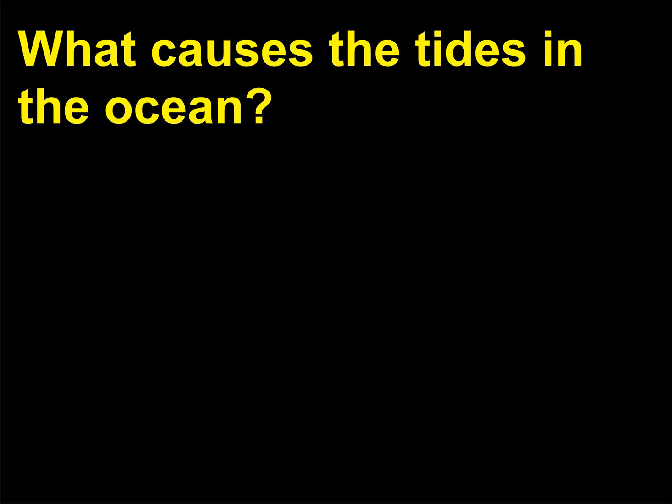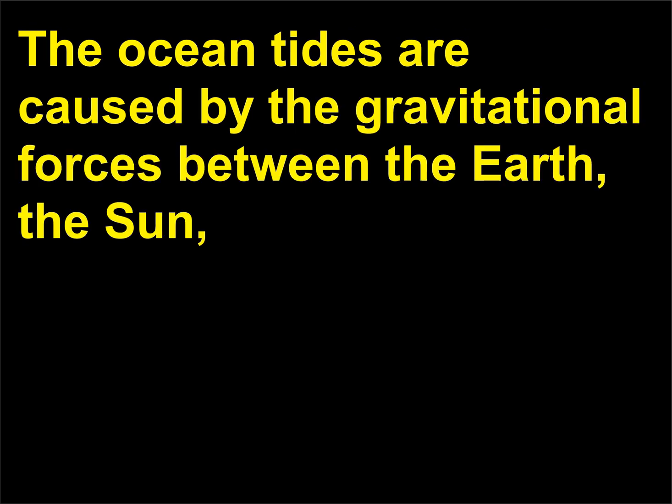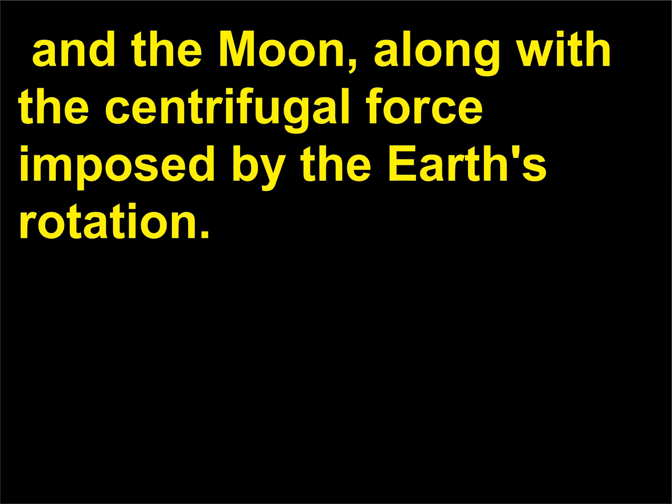What causes the tides in the ocean? The ocean tides are caused by the gravitational forces between the Earth, the Sun, and the Moon, along with the centrifugal force imposed by the Earth's rotation.